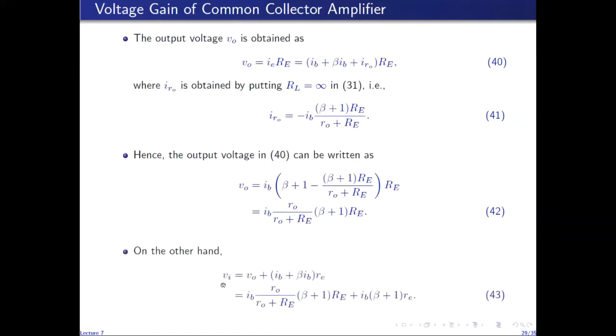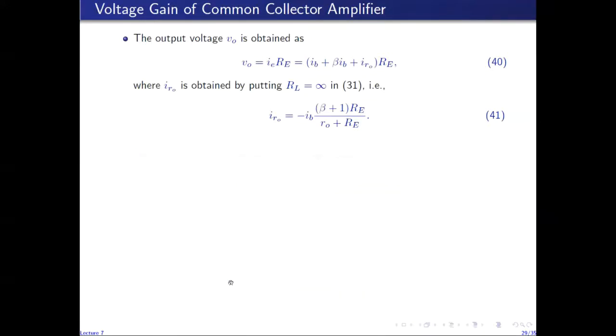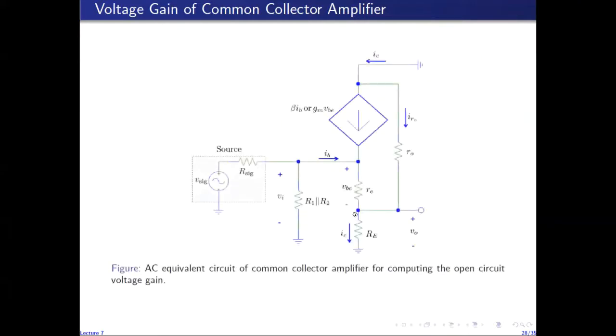On the other hand, the input voltage VI is given by the sum of the output voltage and VBE. VI is the voltage at the base, so it is equal to the voltage across the base-emitter junction plus the voltage of the emitter with respect to ground.